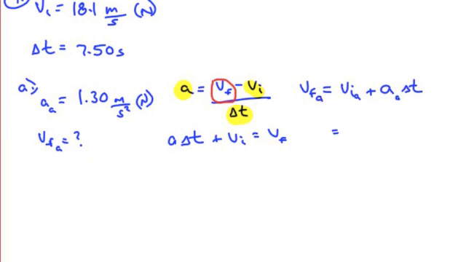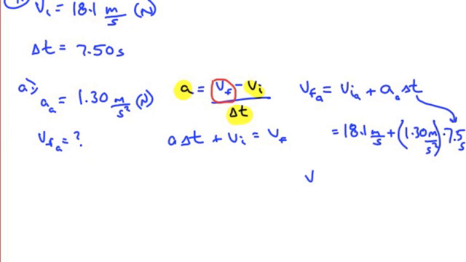Our initial velocity is 18.1 meters per second. And we add that to our acceleration rate, which is 1.30 meters per second squared, times the time, 7.5 seconds. You guys see that okay? That's actually an S right there. 7.5 seconds, that's our change in time.